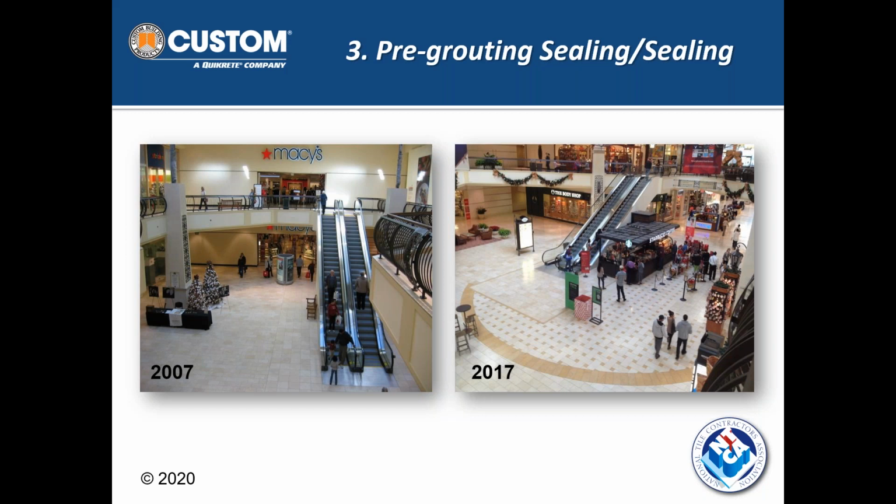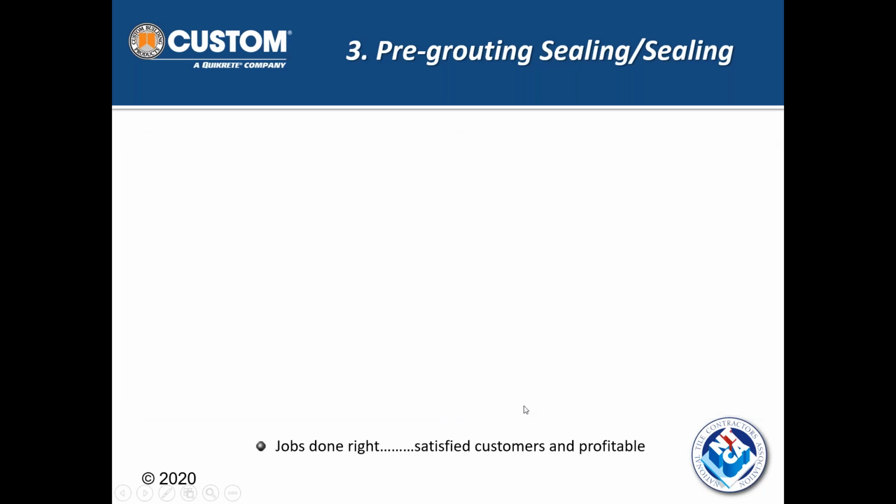That's not only a testament to the sealing of the job and having it done right and following all the things that we've talked about, but it's also a testament to the maintenance program. Without the proper maintenance program, it wouldn't have lasted anywhere near 10 years. Maintenance is a critical aspect of ensuring that the stone and the sealer function the way they should and what they're meant to do. So just a side note on that.